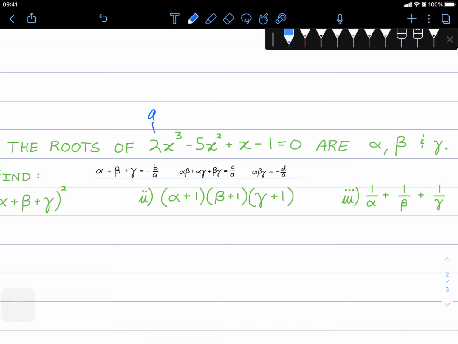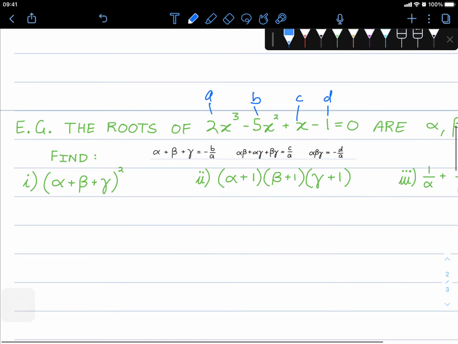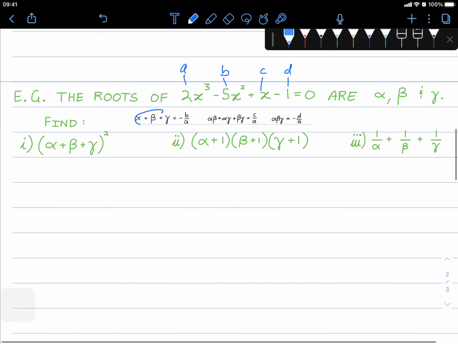So a is 1, b is -5, c is 1, and d is -1. So now, alpha plus beta plus gamma is what we will need to answer this. Well, alpha plus beta plus gamma is negative b on a, so negative -5, that's 5 over a, which is 2.